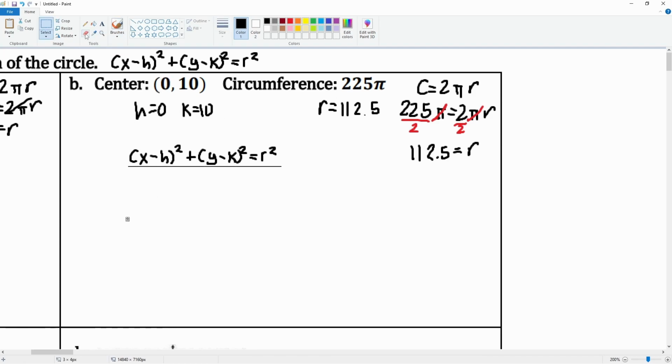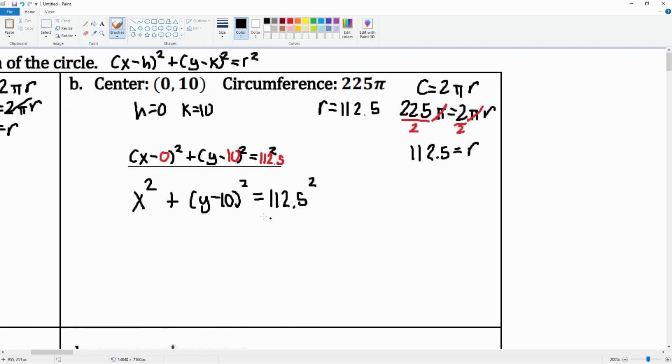Here's the equation of a circle in standard form. We take out the h and substitute in the 0 for the h. Take out the k, and we substitute in the k, which is just 10. Then we substitute in the r, which is 112.5. x minus 0 can just be written as x squared. (y - 10)^2 is equal to 112.5 squared.